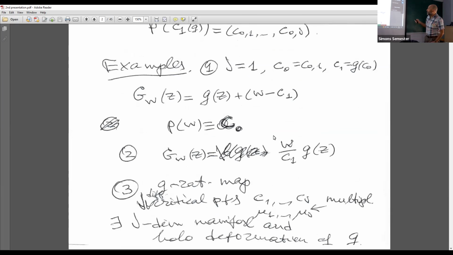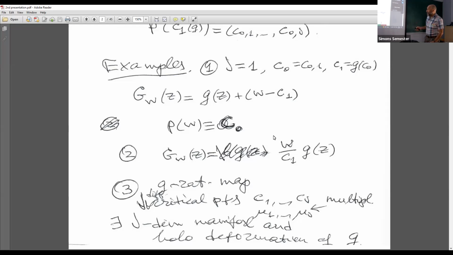Each point near this point in the complex plane defines by definition this holomorphic deformation. In this case, this is just an explicit formula, additive. And another possibility is this multiplicative form.